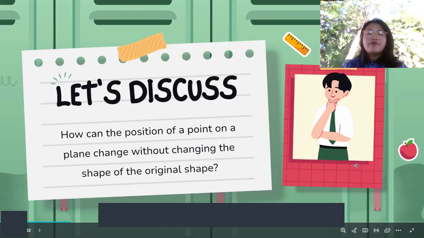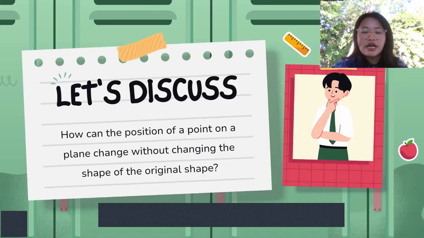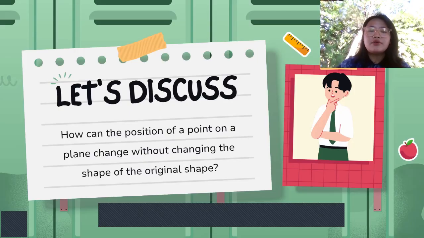Okay, before we start learning about formulas, I would like to ask a simple question. How can the position of a point on a plane change without changing the shape of the original figure? Think about moving a triangle from one place to another.